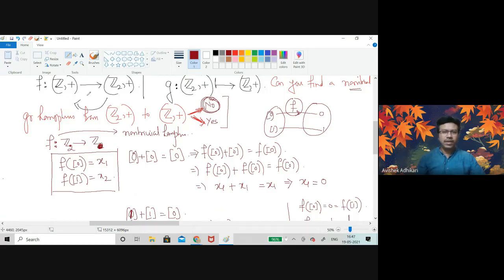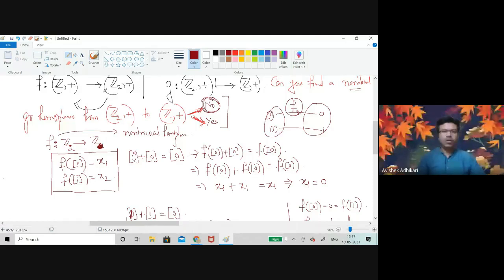But in this other case, how many homomorphisms can you think of? At least one non-trivial homomorphism, right? Even goes to 0 and odd goes to 1. That is a non-trivial homomorphism. But if I change the direction, the situation may change. So here you have at least two: the trivial homomorphism, and the non-trivial one where even goes to 0 and odd goes to 1.